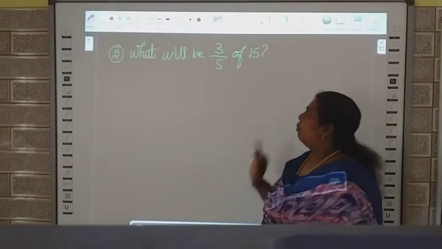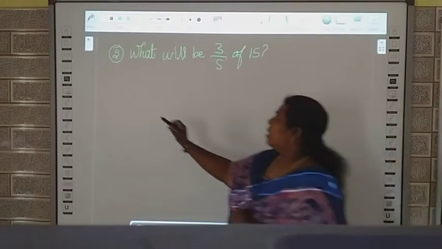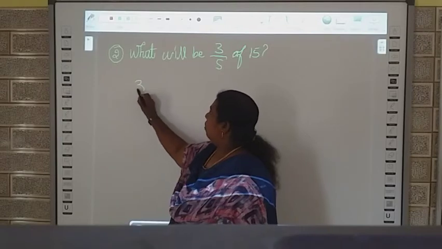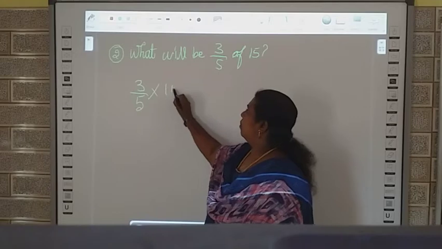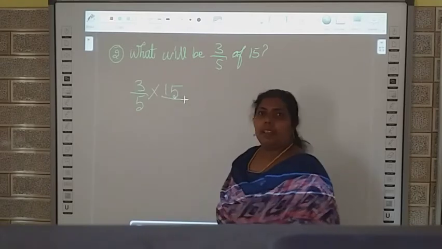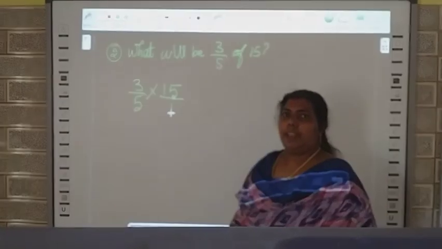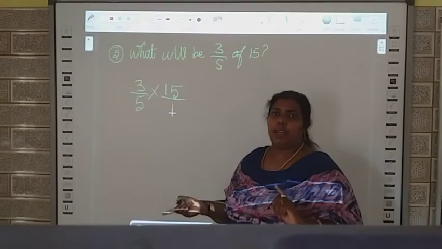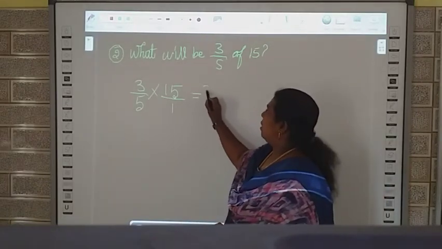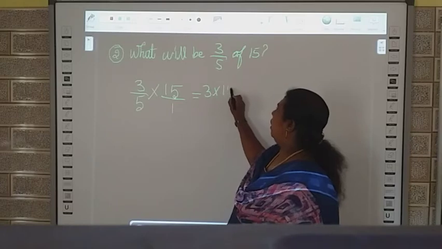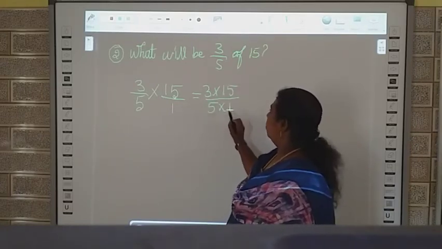See the second example. What will be 3 by 5 of 15? Yes. Multiply 3 by 5 of 15. Here what is the denominator? 1, right? Denominator 1. Then next step, you have to multiply numerator and denominator. Numerator is 3 into 15 divided by 5 into 1.